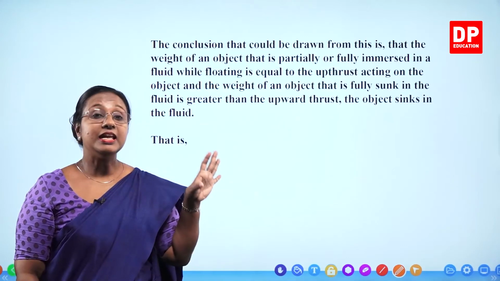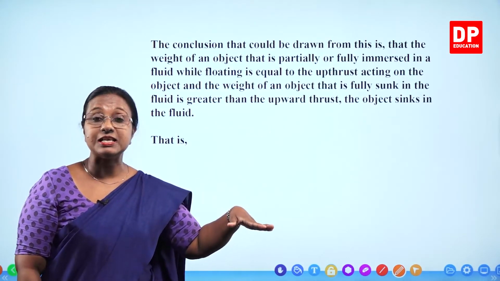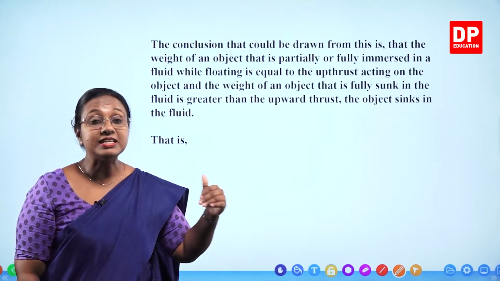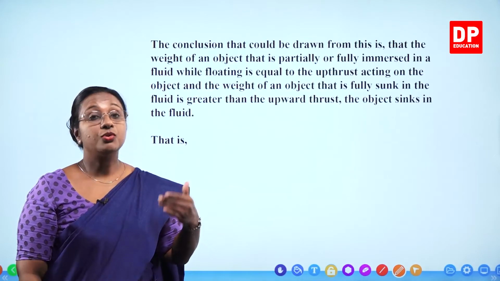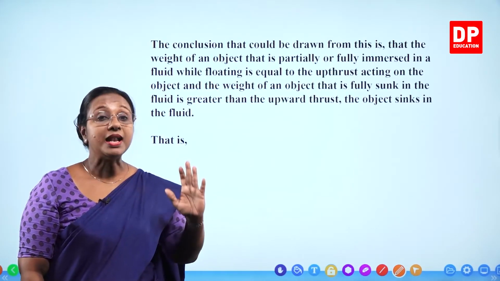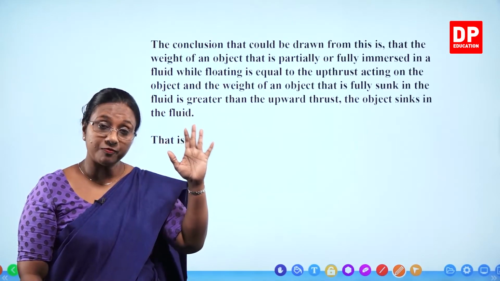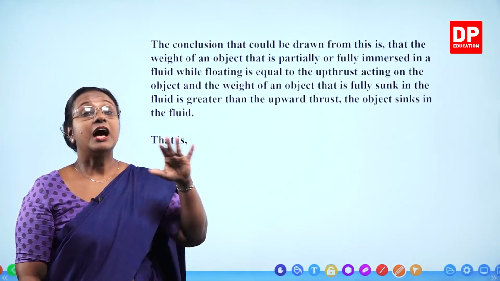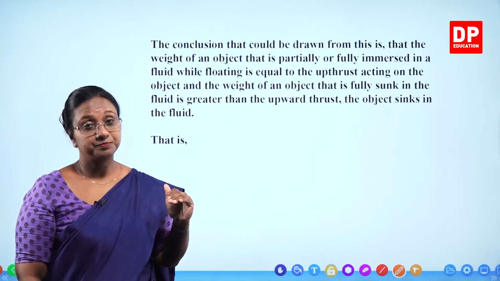Why is that? In the first instance, when we try to push it down and completely submerge it, we exert an additional force. So there the upthrust is higher. So really the upthrust is higher than the weight of the object, but it adjusts itself so that the object is pushed upwards so that the upthrust becomes equal to the weight of the object.